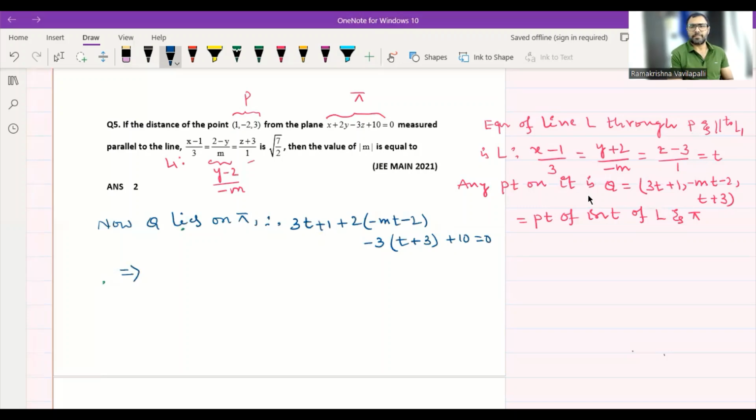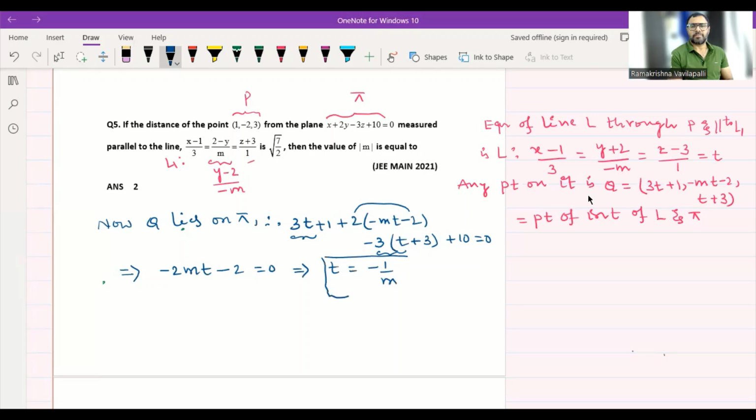So here 3t minus 3t is cancelled. So this is minus 2mt, and this is minus 4. This is minus 9. So minus 13 and plus 11. So you will get minus 2. This implies we get the value of t equal to minus 1 by m.